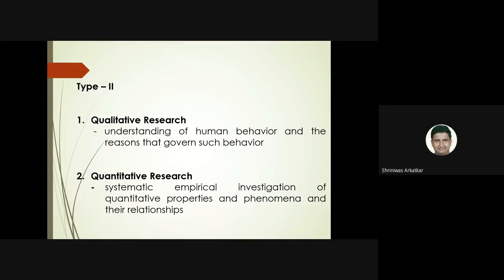So mainly engineering researchers will work on quantitative problems, wherein you will try to quantify the problem and provide some solution based on empirical observation. That means there is already enough evidence available in the field, and you are gauging it for the purpose of further improvement and development of that particular scheme. That is the type 2 classification of this research.